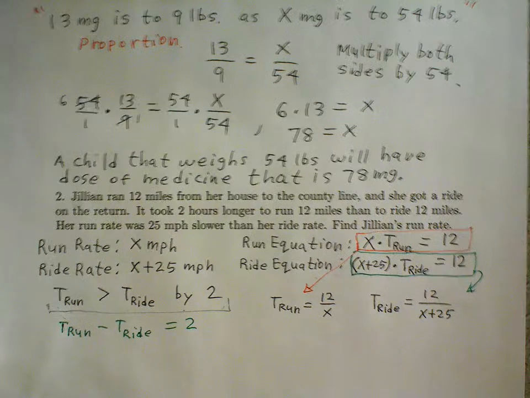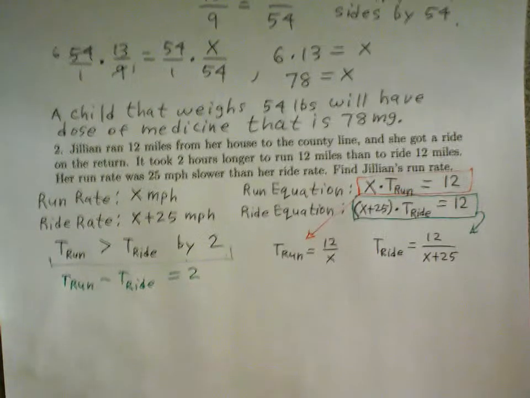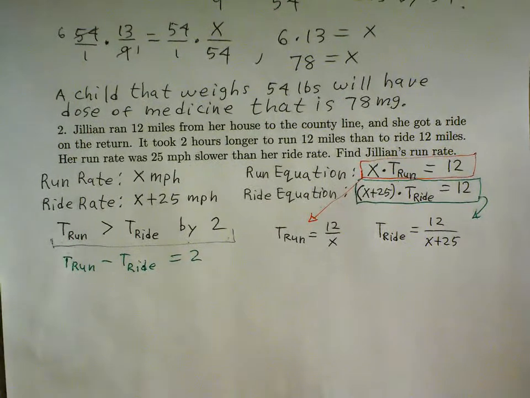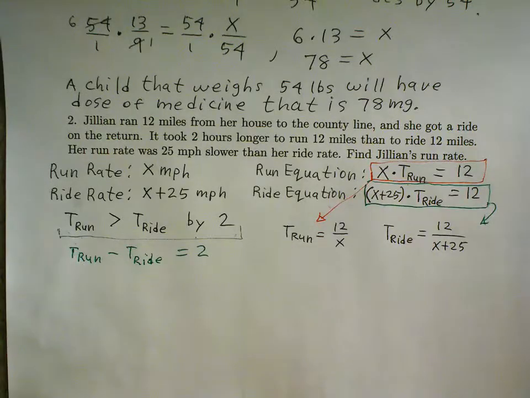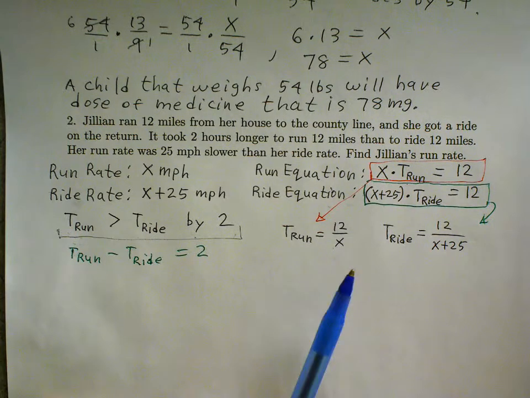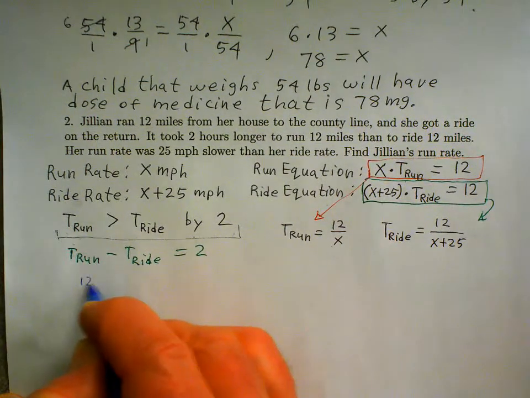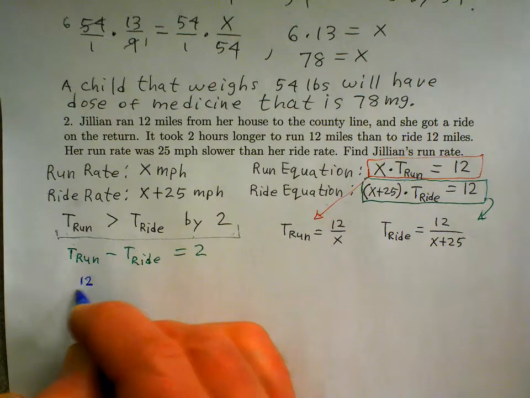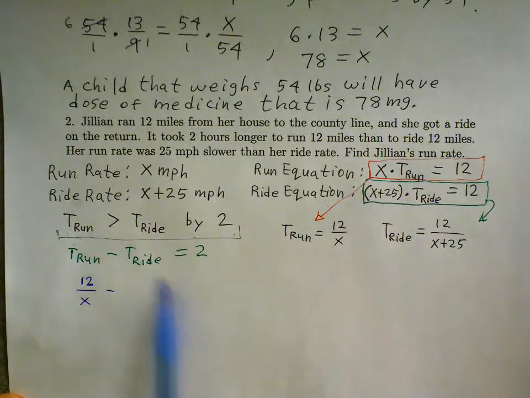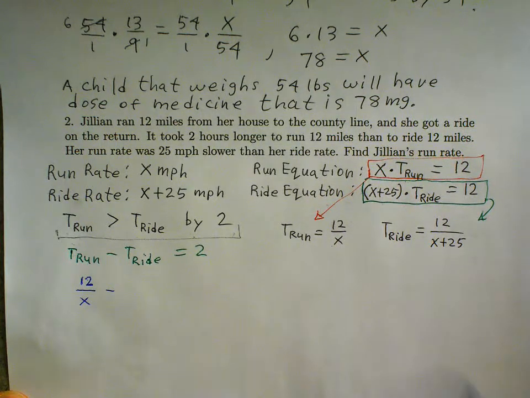Okay, so in the next step, we'll get our equation whose only variable is X. So in this equation, we're going to replace T sub run with 12 over X. And then we're going to subtract T sub ride, but we're going to replace that with 12 over X plus 25.